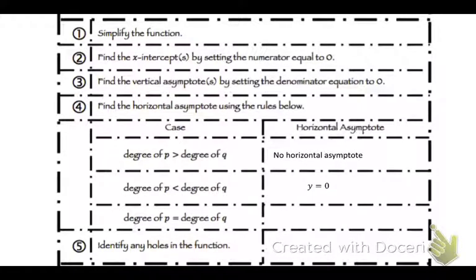And if the degree of p equals the degree of q, then y equals a over b, where a and b are the respective leading coefficients. Okay, so if you had like 2x minus 4 over x minus 1, the leading coefficients there are 2 and 1, so that would be y equals 2 over 1, which is 2, so that's y equals 2.